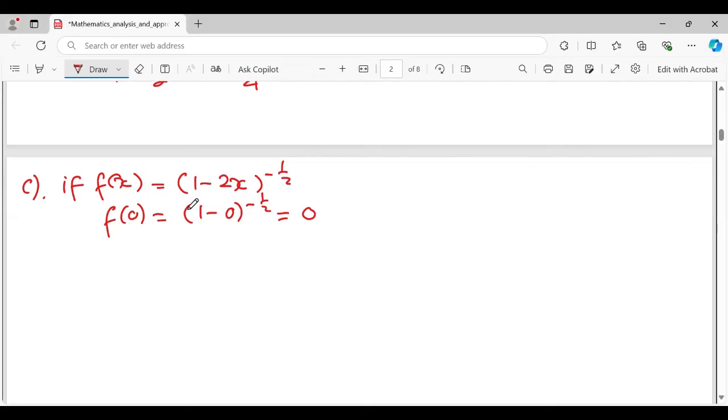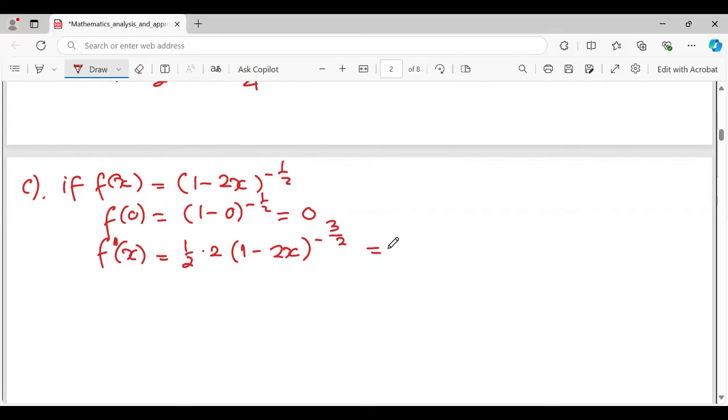Okay, so the first derivative, according to the rule, becomes half times 2, (1 minus 2x) to the power minus 3 half.